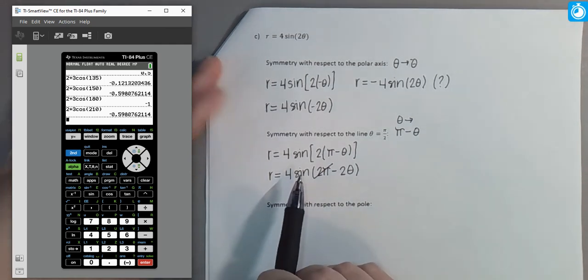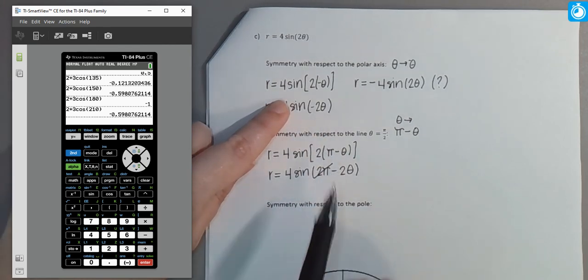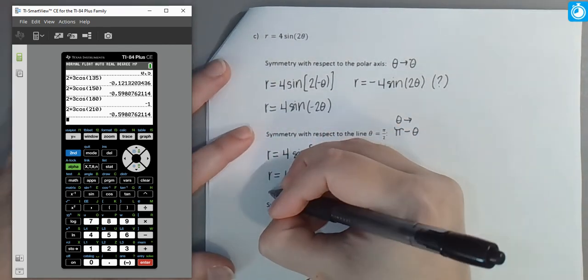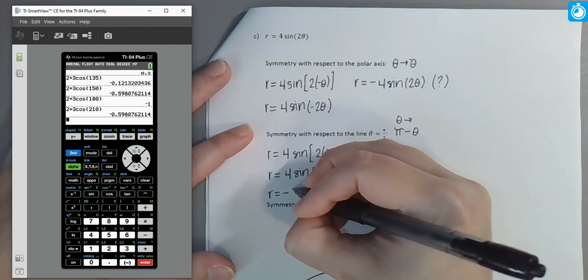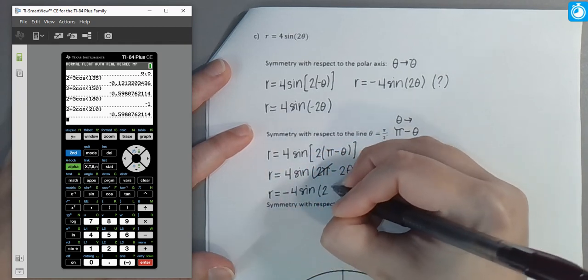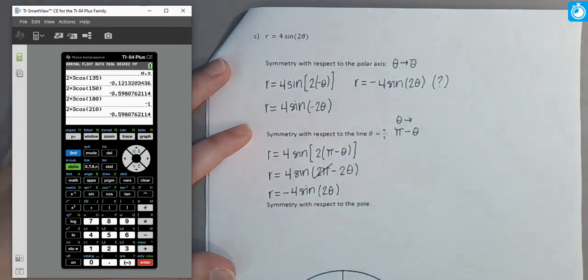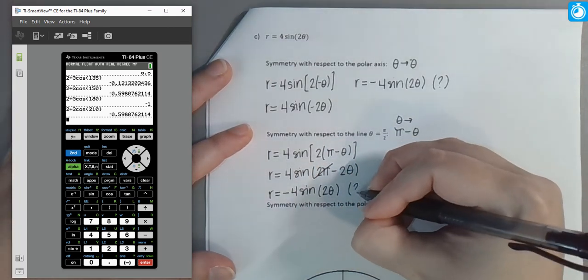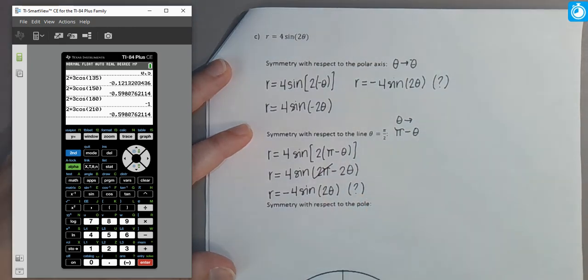Well, we know what happens when we have sine of negative 2 theta because we just encountered that problem. It means we have negative 4 times the sine of 2 theta, just as is. And again, we can't get that to match our original equation, so this test, unfortunately, is also inconclusive.